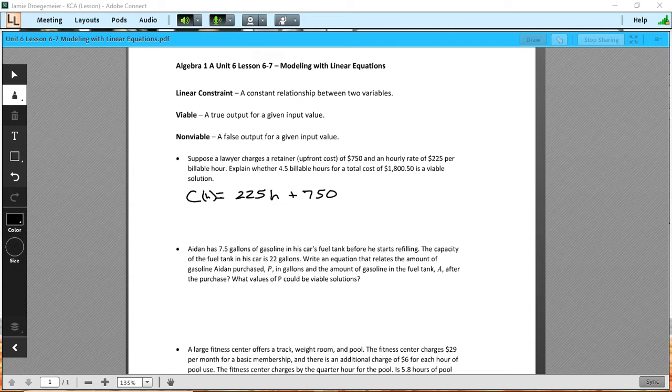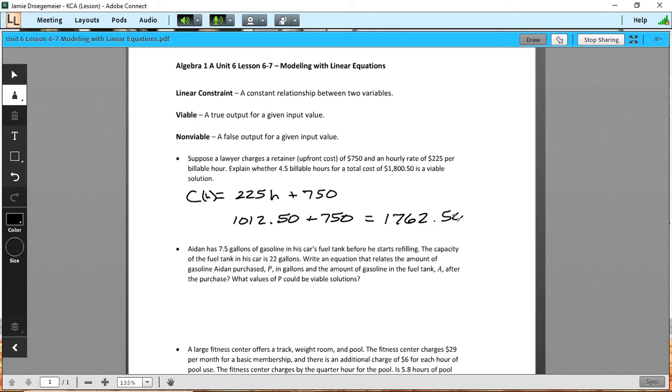So I would need to take the 4.5 times 225, and when I do that, I get $1,012.50. I would need to add that to the $750 retainer, and when I add those together, I get $1,762.50.